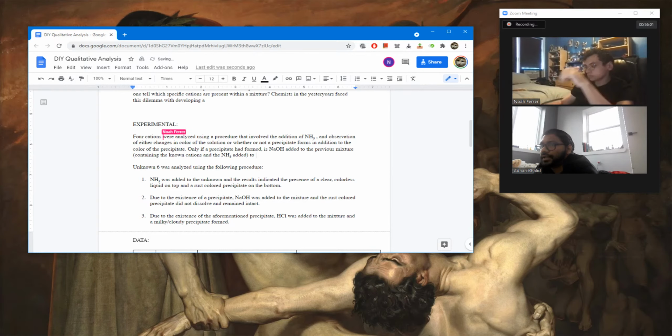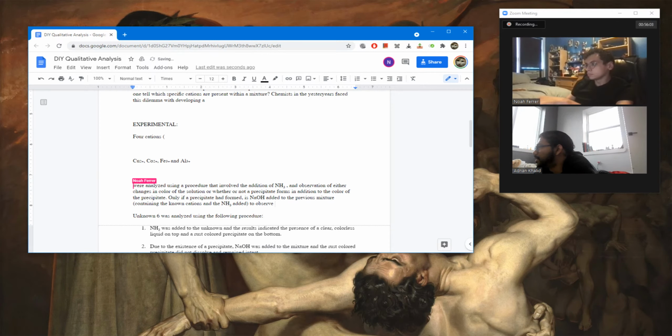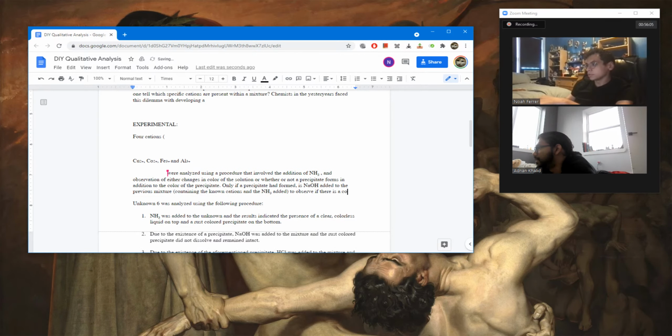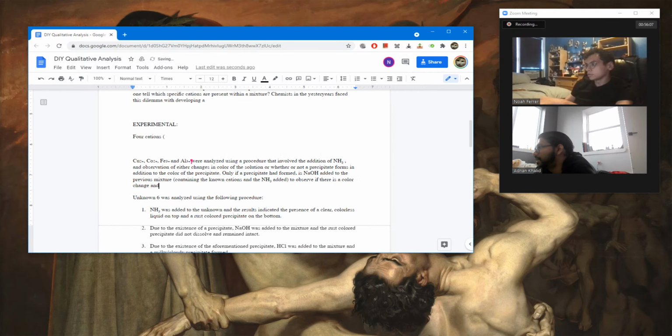To observe if there is a color change and/or a precipitate forming or dissolving.